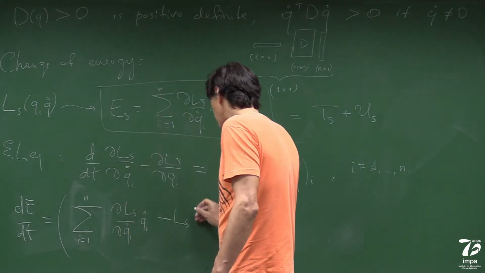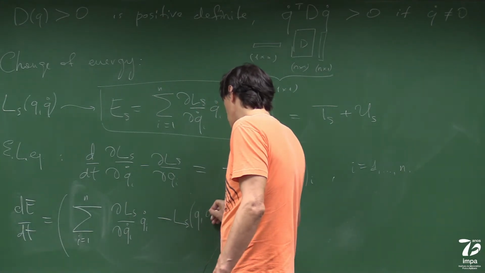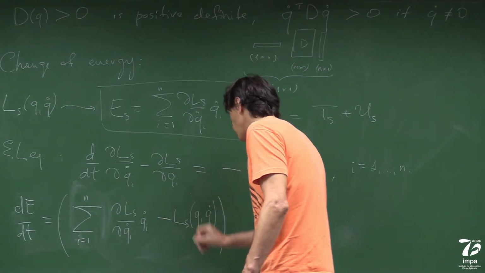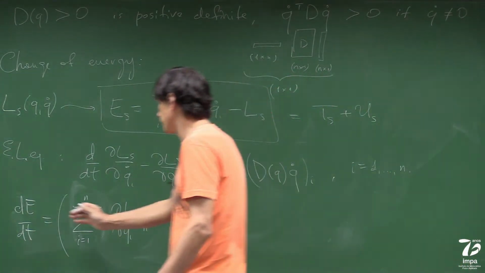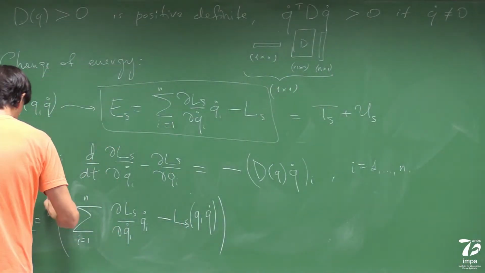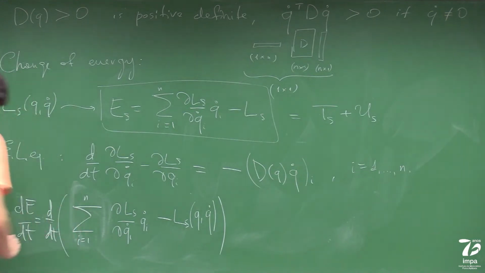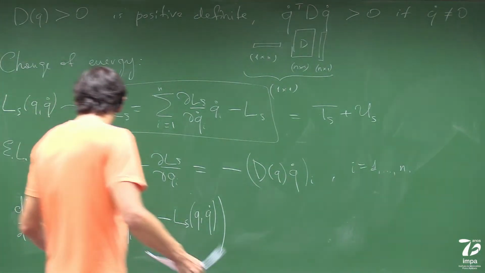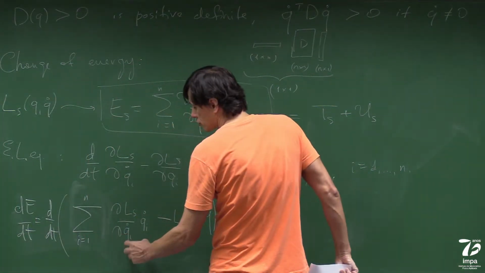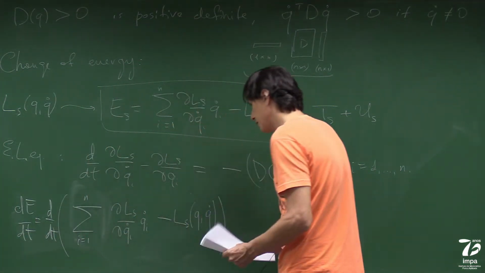I'll just remind you that this depends on coordinates. So this is what we do, and we have to differentiate it with respect to time. So this is the energy by definition. First we differentiate the first term separately, the left side and the right side.